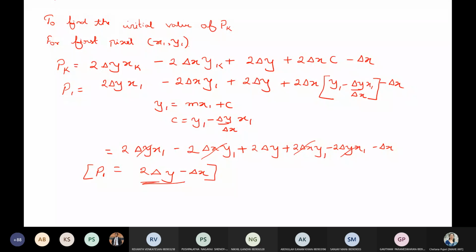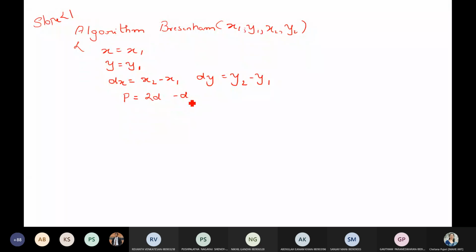So this is 2 delta y minus dx. Then we are going to make use of loop. So what we did, we have 2 points. We are assigning x1, y1, calculating the delta x, which is x2 minus x1, delta y, which is y2 minus y1. Your initial decision parameter value, we calculated the equation, which is 2 delta y minus delta x.